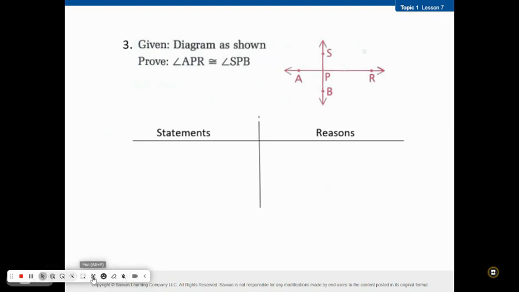Okay, so for this one, you are literally going to state that this is your given, the diagram.